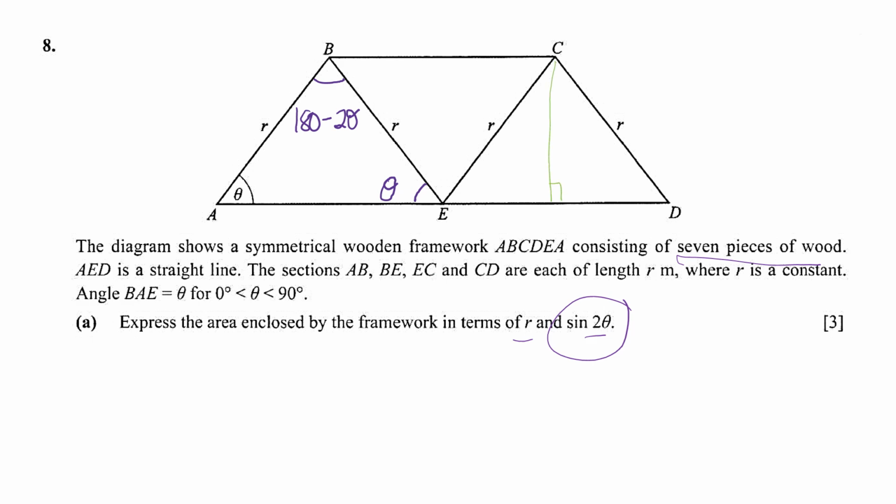Some of you may want to find the height, and then find the base, half base times height. Then you find it's more complicated, because with this method you will have cosine theta, sine theta, and then from there you need to convert it to sine 2 theta.